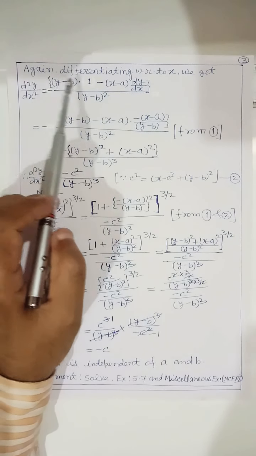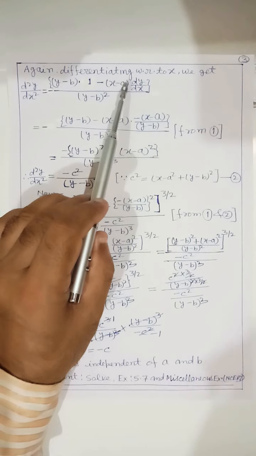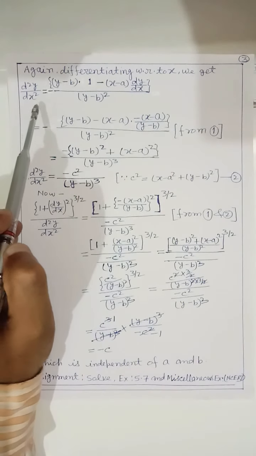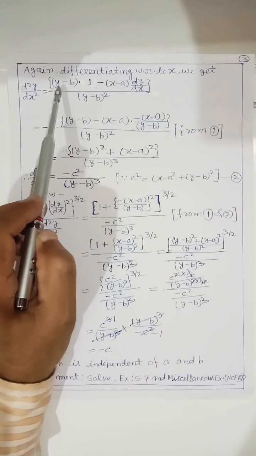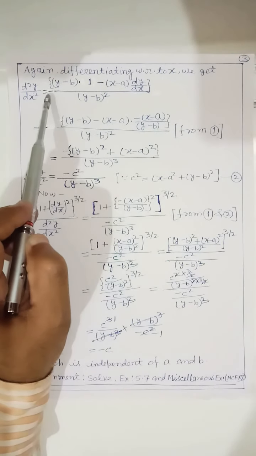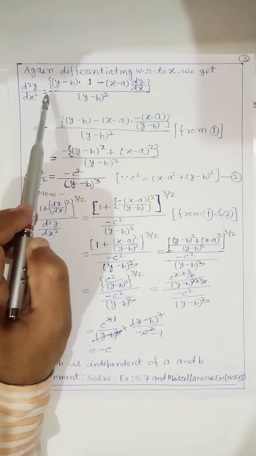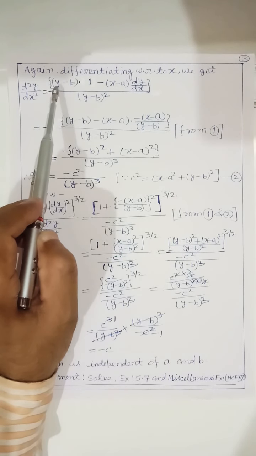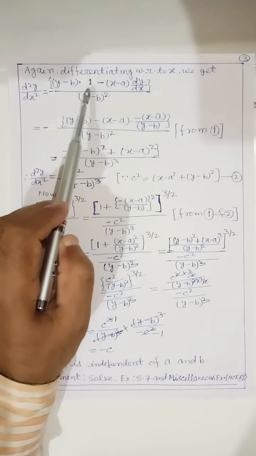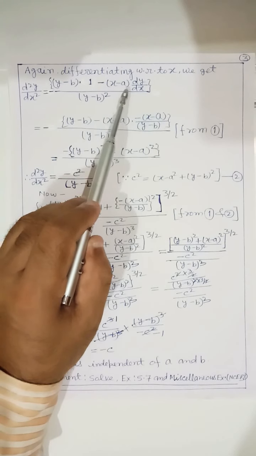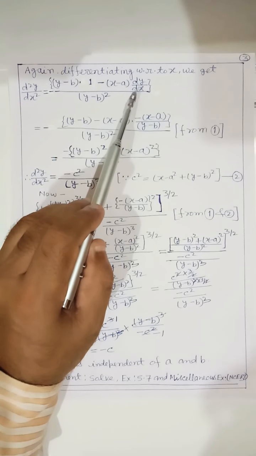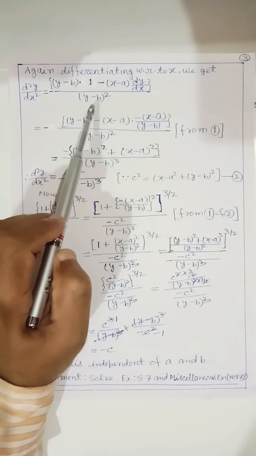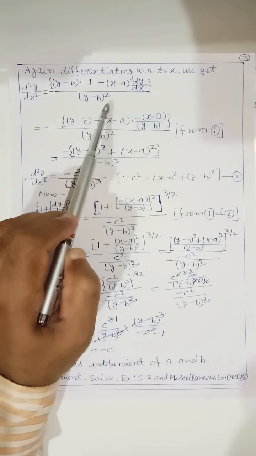Dear students, again differentiating dy by dx with respect to x, we get d2y by dx square equal to minus [(y minus b) into 1 minus (x minus a) dy by dx] by (y minus b) whole square.